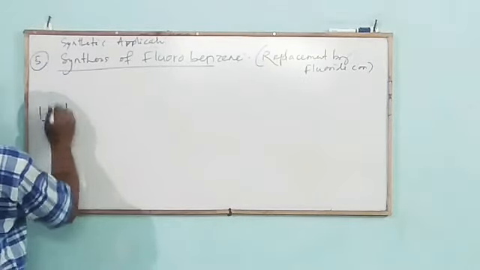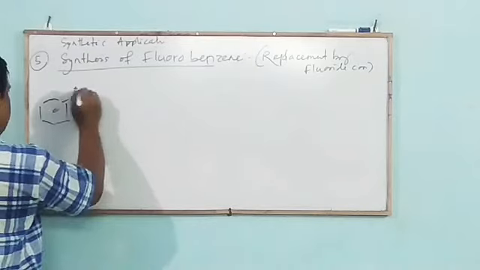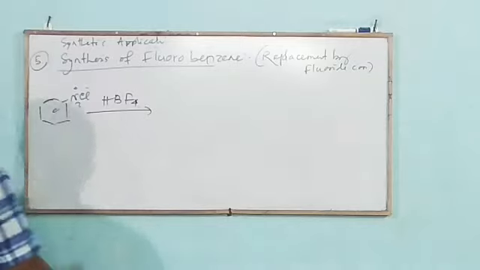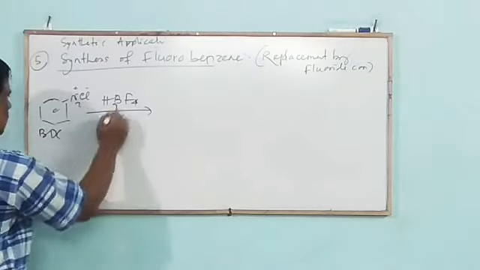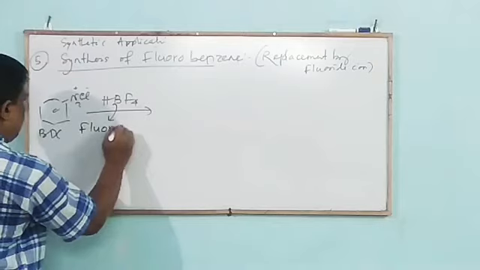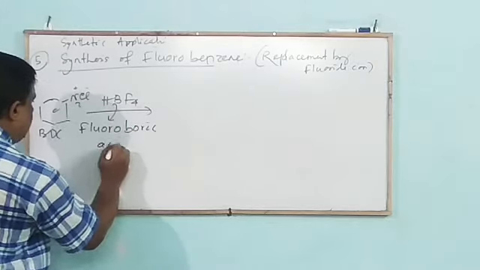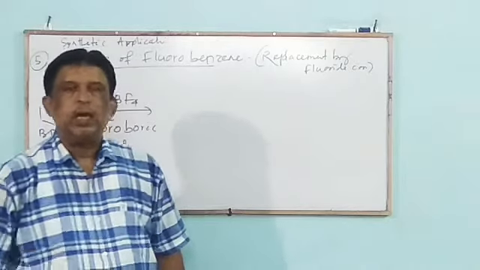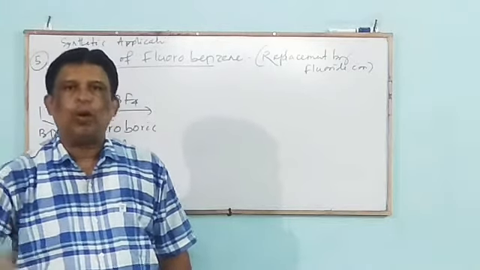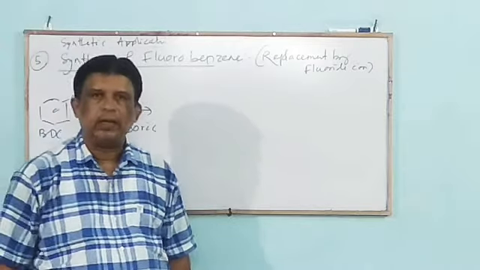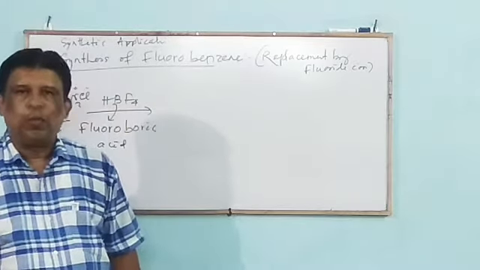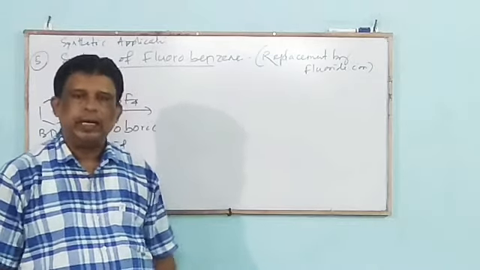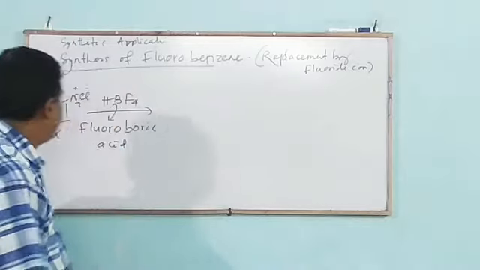When benzene diazonium chloride salt solution is heated with fluoroboric acid, benzene diazonium fluoroborate is precipitated, which is filtered, separated, dried, and on heating fluorobenzene is formed. Mark that.